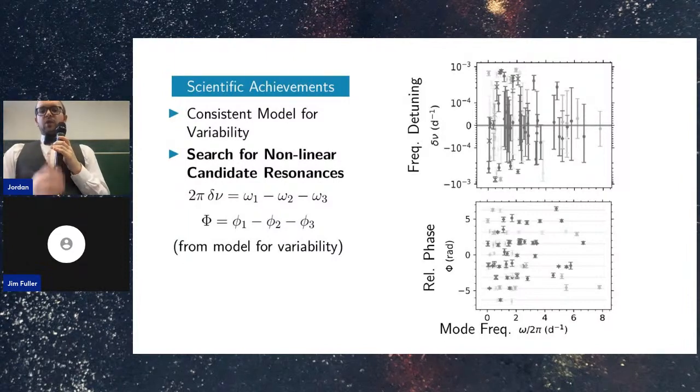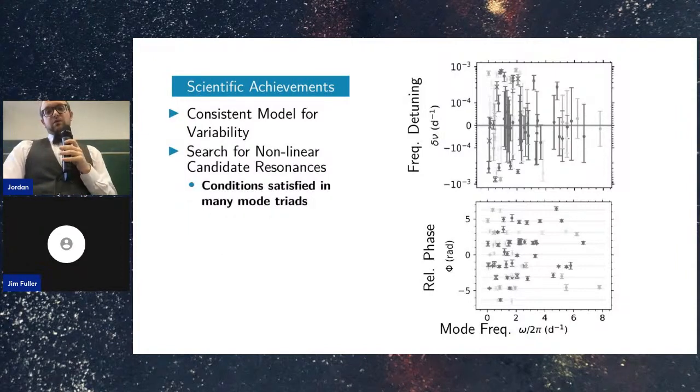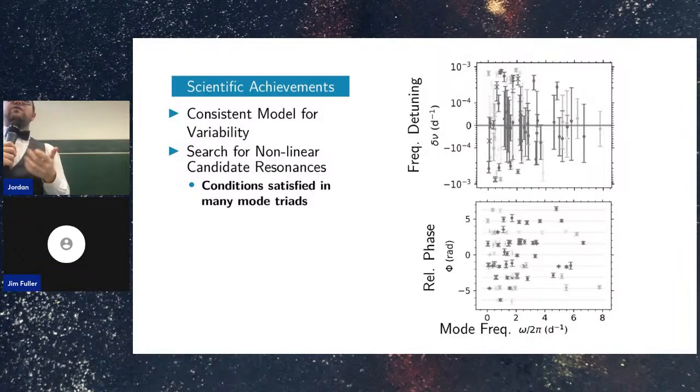And when you look for these specific combinations of 3 signals, you find that there are many of these combinations that have these conditions satisfied. And in fact, you can see on the right-hand side all of these combinations that we find for this specific set of stars.